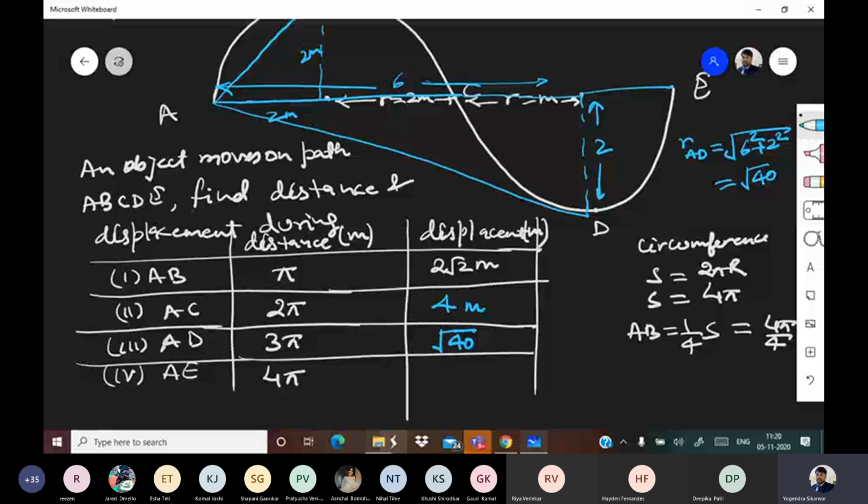This will be the answer. How many of you solved it correctly, all parts? Okay.